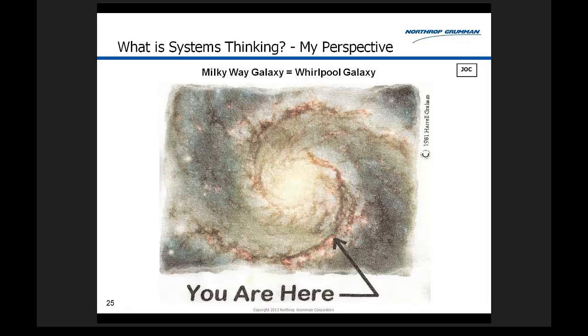We have planet Earth, and within Earth we have the plant, animal, and mineral systems, and within the animal systems we have humans, and humans are a subsystem of the Earth, and we all have subsystems in our bodies. Our bodies are a system of systems, and we have respiratory, digestive, skeletal, muscular. We are a system of systems.